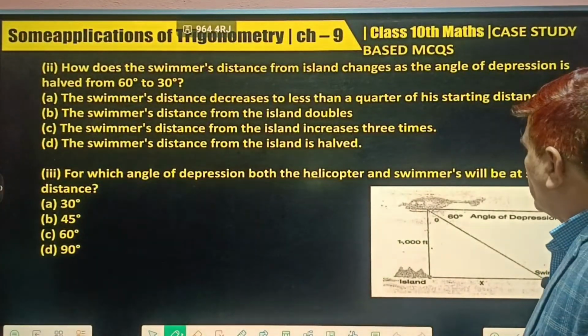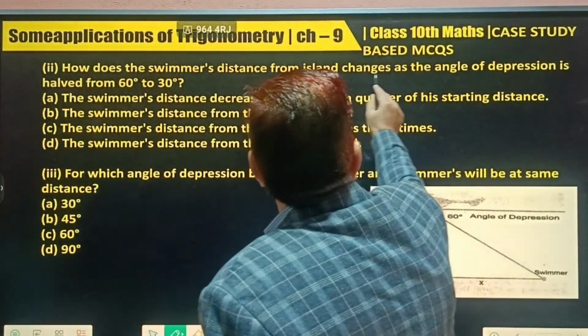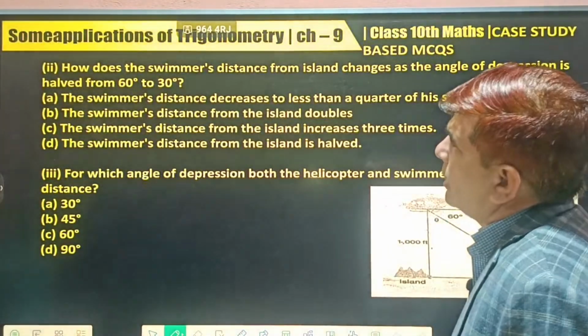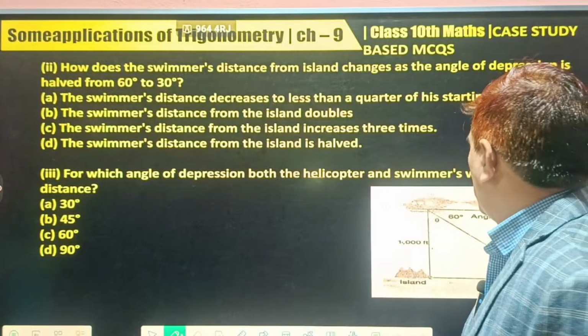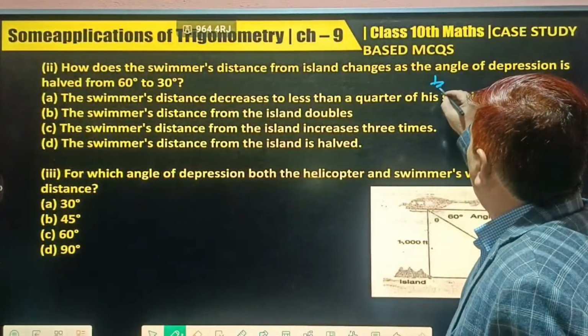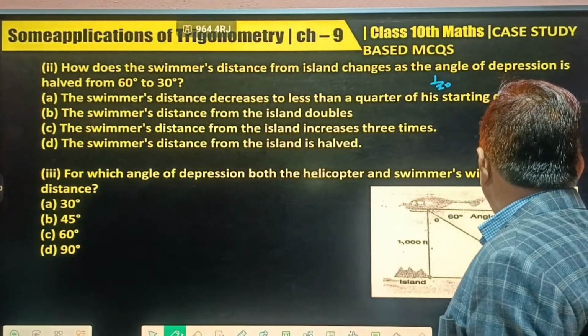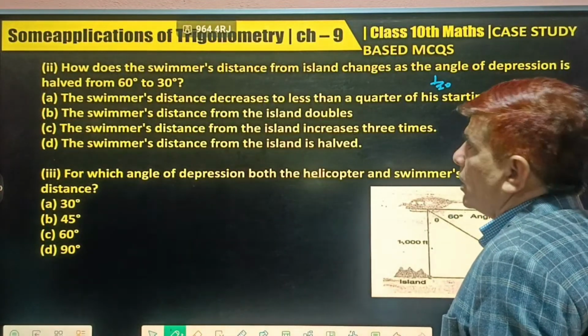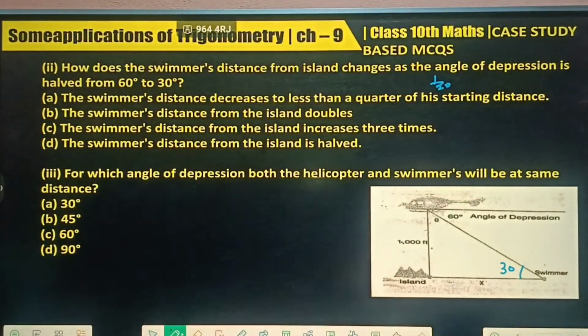Next, how does the swimmer's distance from the island change as the angle of depression is halved from 60 to 30 degree? Halved means becoming half. If this is 60 degree and then becomes 30 degree, the angle decreases.